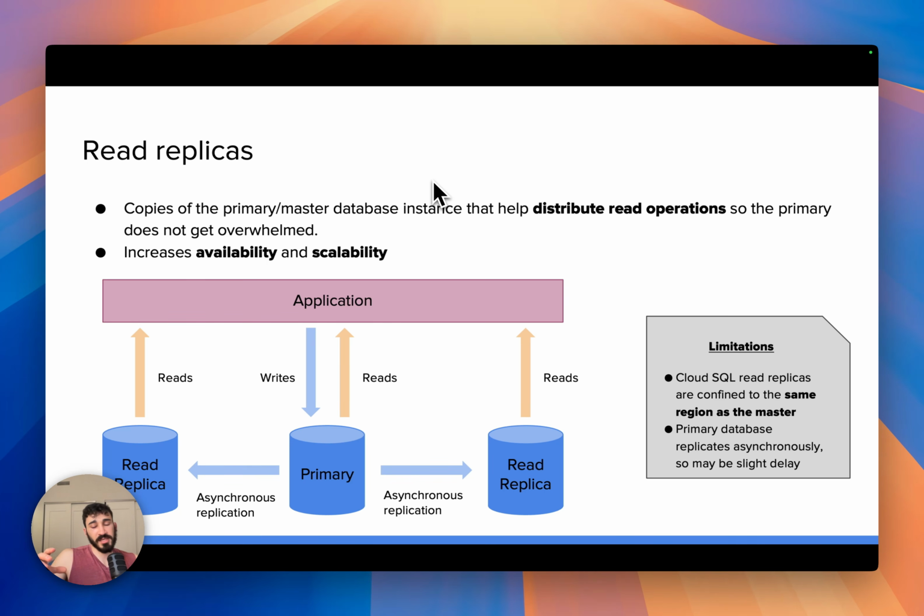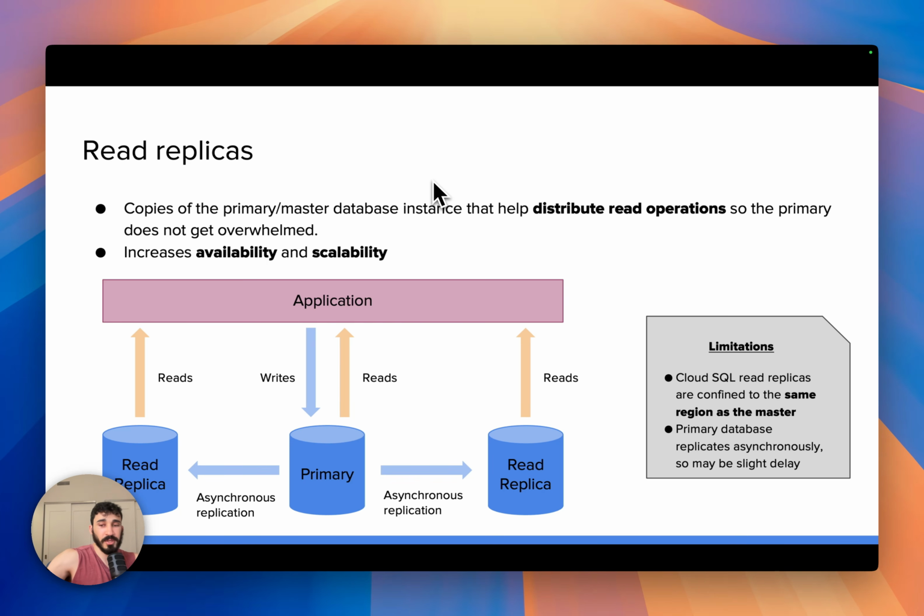To ease the read load, the primary instance can replicate the changes being made to a read replica. And then the read replicas can also send reads to the application.